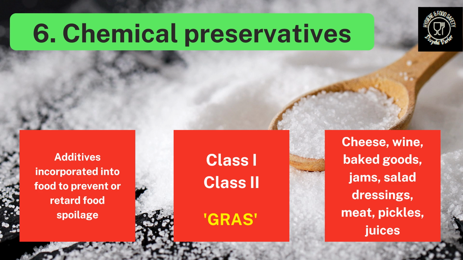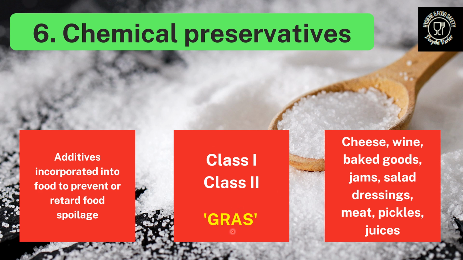The last one we'll be looking at is the use of chemical preservatives. Chemical preservatives are also called food additives because these are basically chemicals that you add to the food. Now, obviously, when you're adding something to the food, you have to ensure that it is non-toxic, or it should be approved by the GRAS system. That is, it should be generally recognized as safe.